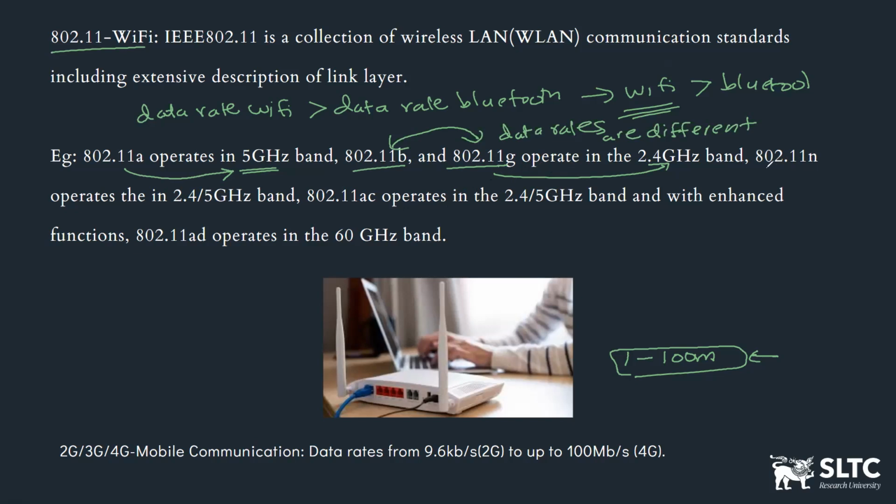Likewise, we have other protocol standards for Wi-Fi, such as 802.11n, which works in both the 2.4 and 5 gigahertz ranges, and 802.11ac, which operates in both 2.4 and 5 gigahertz. The main difference in all these standards is that the data rates will differ, although they are under the 802.11 standard.